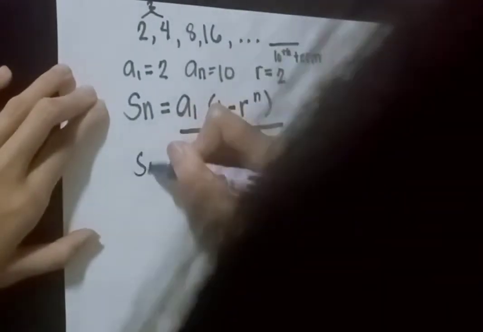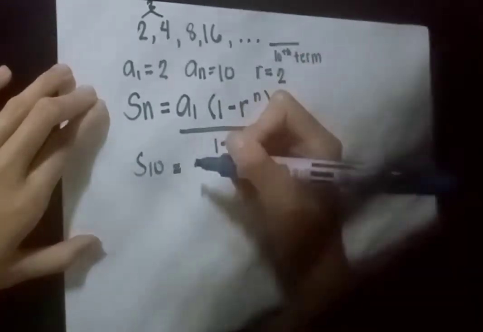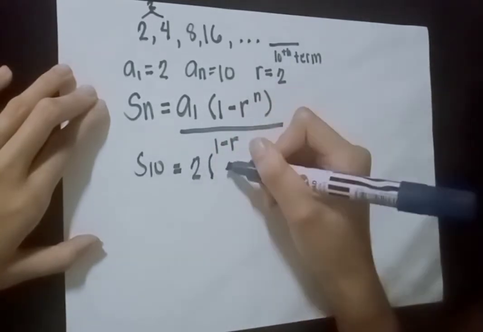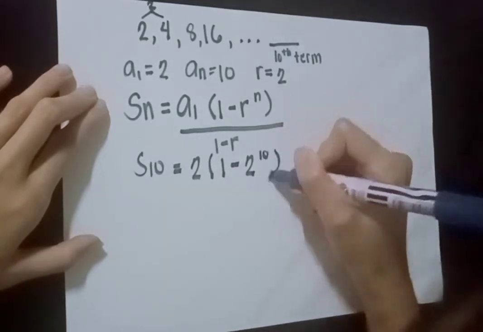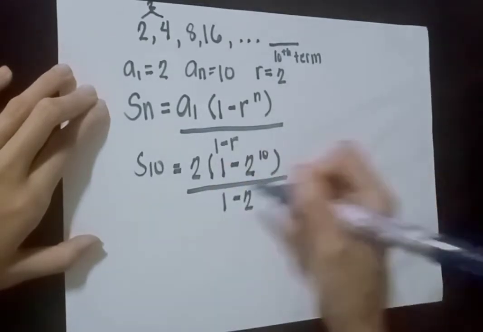This will become S10, because we are looking for the sum of the first 10 terms, equals our a sub 1, which is 2, times 1 minus our common ratio, which is 2, raised to the nth term, that is 10, divided by 1 minus our common ratio, 2.